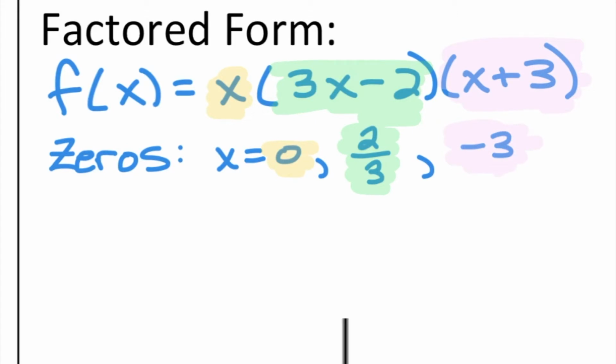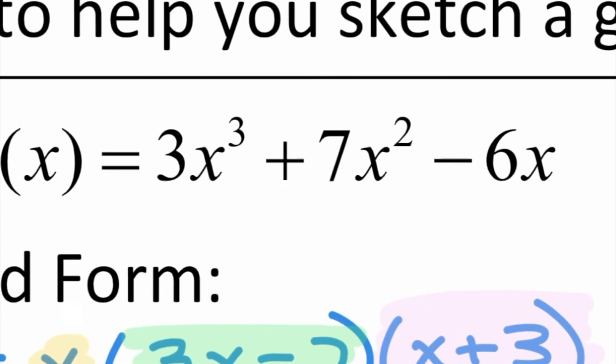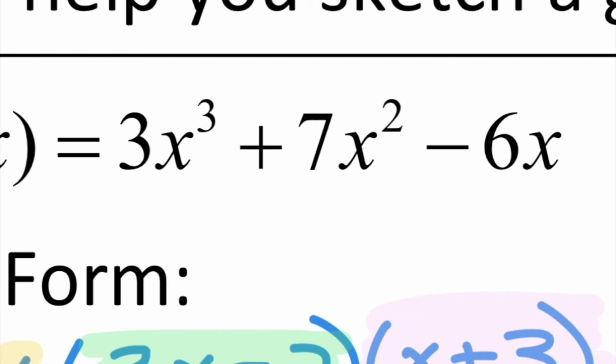And then the next thing that you want to do is decide about the end behavior. And so for the end behavior, what you want to look at is the first term. So notice that this polynomial is already written in standard form. The exponents are written in decreasing order, so 3, 2, 1. It's a third degree polynomial because the biggest exponent is 3.